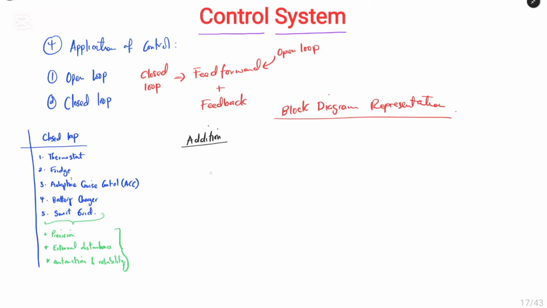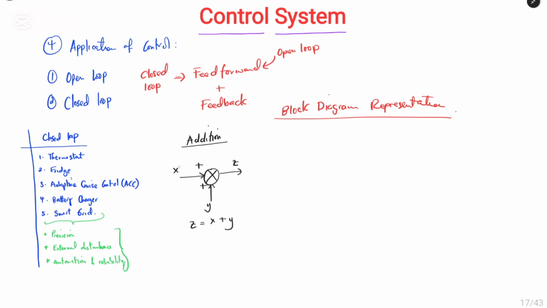What do we mean by the addition? We have a block diagram which is given like this, which is called a comparator. And when we have a set of signal, for example, signal X and signal Y, you will now have plus and plus. That means the output, which we call Z, will now be equals to X plus Y.